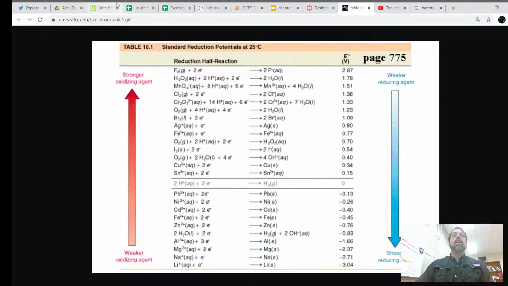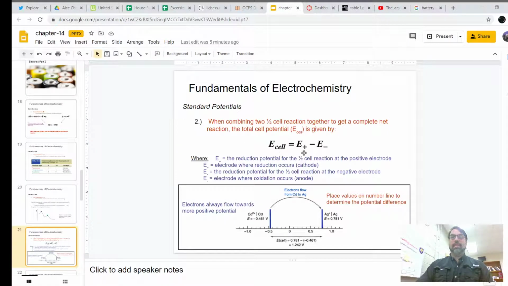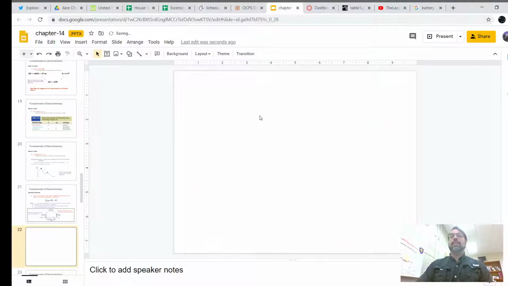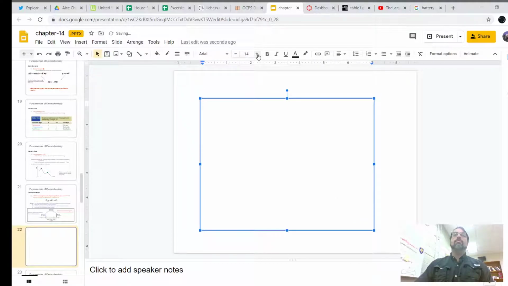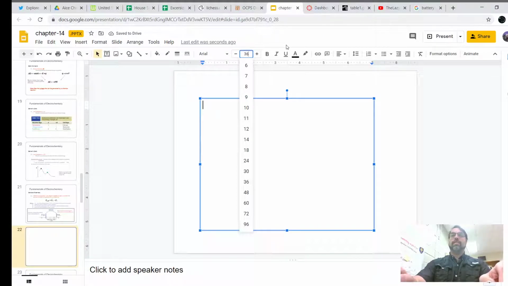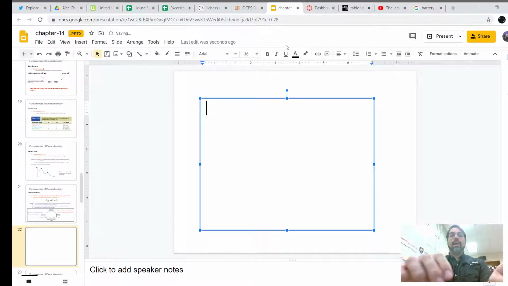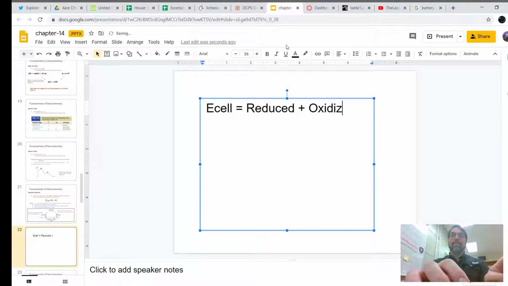Now, what we're actually doing in this is making a cell, and we're adding the information: the reduced side, how likely that is, and we're adding that to the oxidized side, okay?